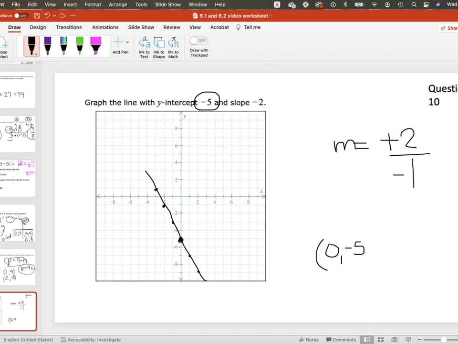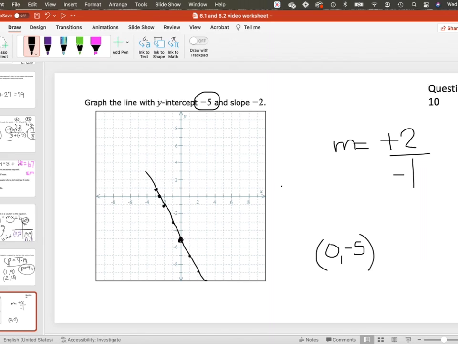If you were asked for points, you would say 0, negative 5. And then we can see that it crosses somewhere in between there. It actually is crossing at the halfway mark. So on this one, the x-intercept would be negative 2.5.